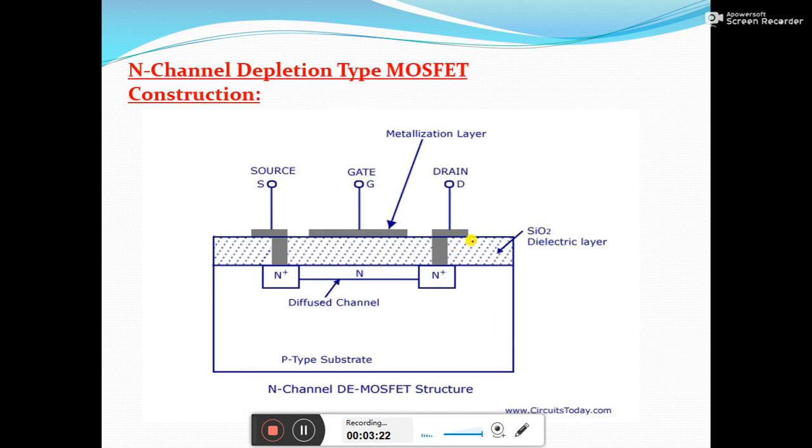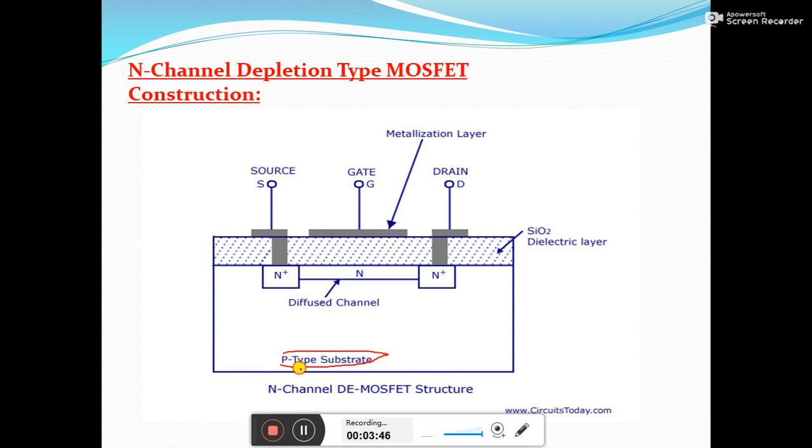Next we shall see the construction of n-channel depletion type of MOSFET. As I told you earlier, there will be four terminals: gate, drain, source as well as substrate. But the substrate terminal will be internally connected with the source only. Here we shall see the construction. Very first, a lightly doped P type substrate is taken.